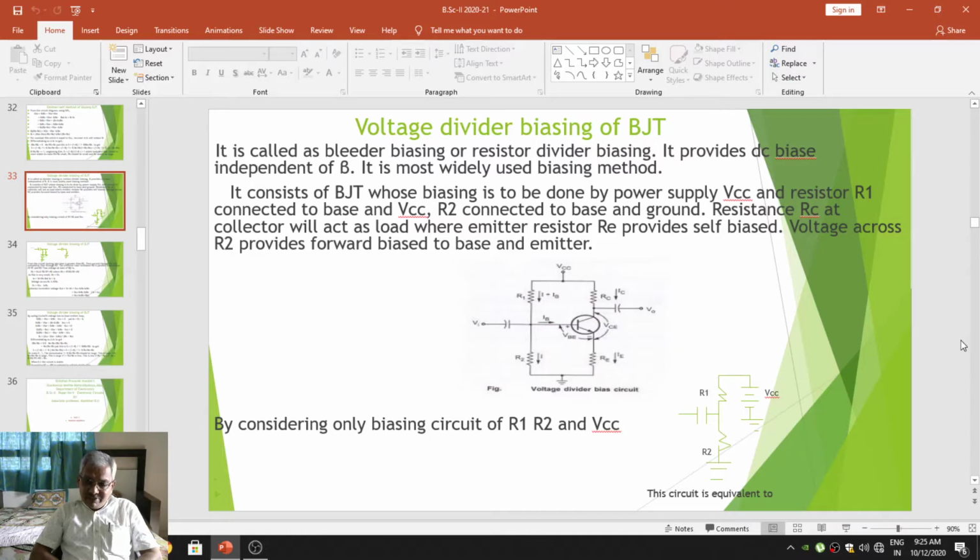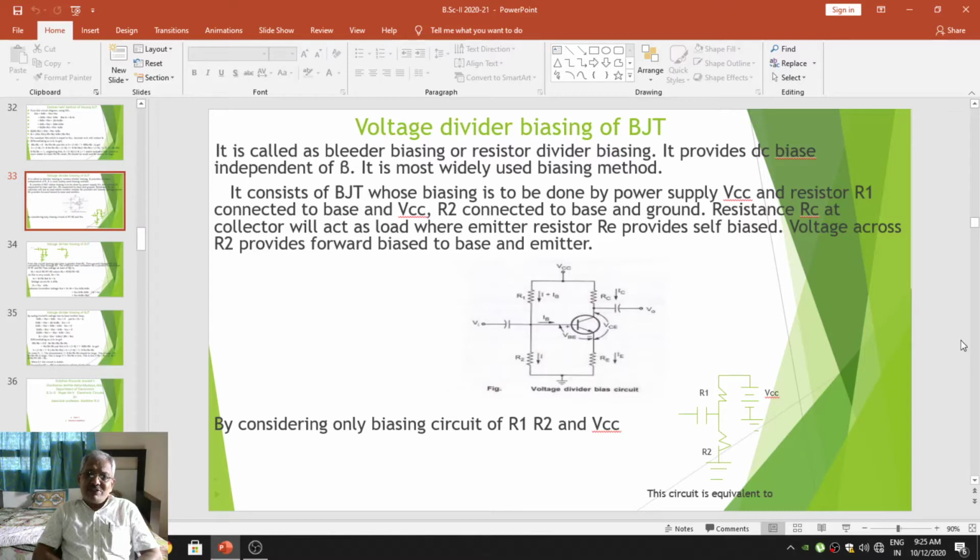One is the fixed method of biasing, which makes the working of BJT unstable. And to increase the stability of BJT further, emitter bias or self bias method is used. That method also we studied.